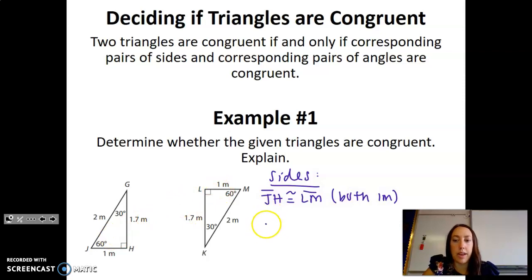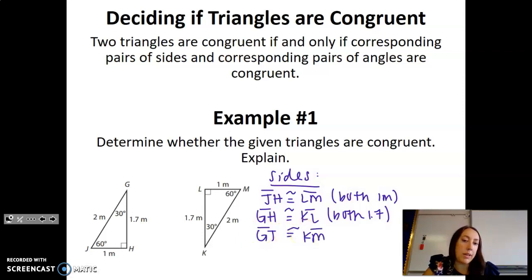Okay, we also know that side GH is congruent to side LK because they're both 1.7. And then last we can see GJ is congruent to KM because they're both 2. So we've checked all the sides, we can see that those guys are congruent.